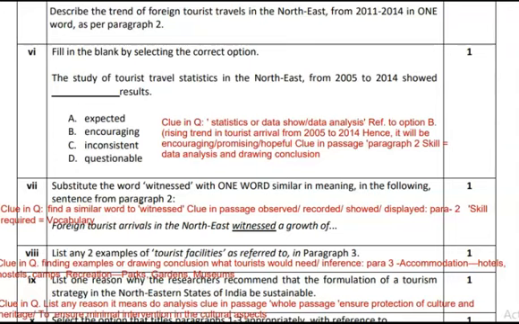As I was telling you, if you study the second paragraph, you will find that the data show that the number of tourists visiting northeastern parts of India is constantly going up and up. So if the data is showing that the trend is upward, it is encouraging, promising, assuring, hopeful, and therefore your answer will be B.